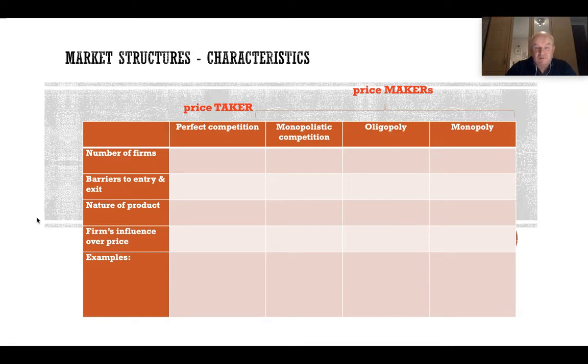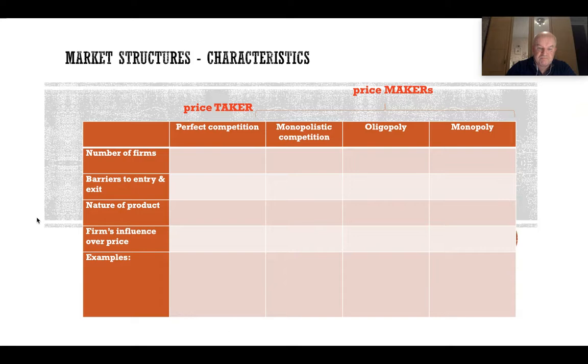Now, oligopoly, monopolistic competition, sorry, monopoly, are all price makers. So each different market structure, with the exception of perfect competition, can actually make their price. They have some influence over the price they sell their goods at, because they have differentiated products.